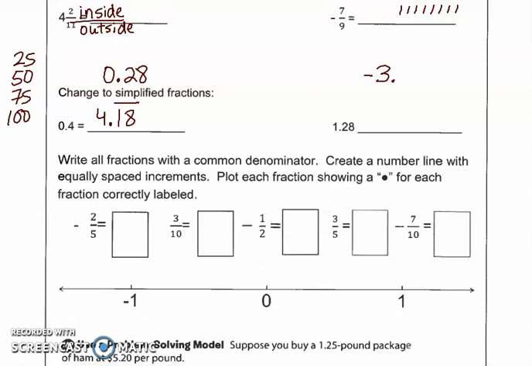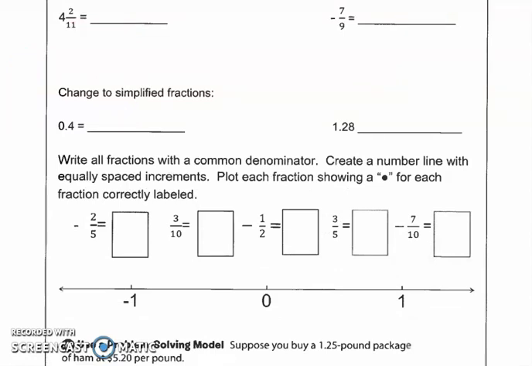The next one says change to a simplified fraction. Guys, for this, all you need to know is the place value, okay? For instance, if you know how to read this, this is 0 and 4 tenths. And then I just simplify it.